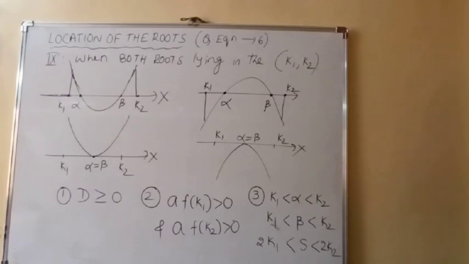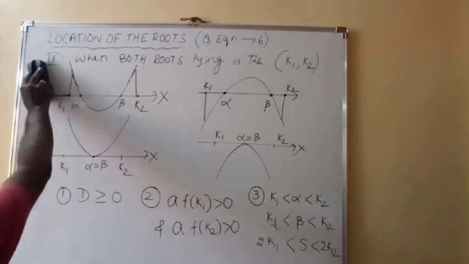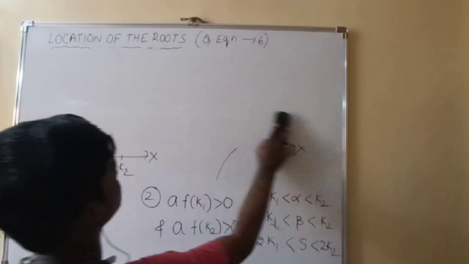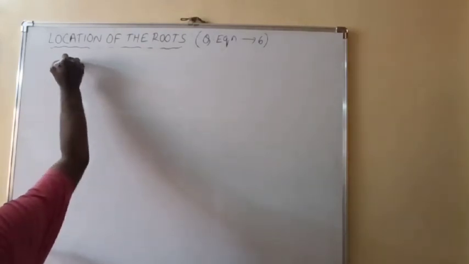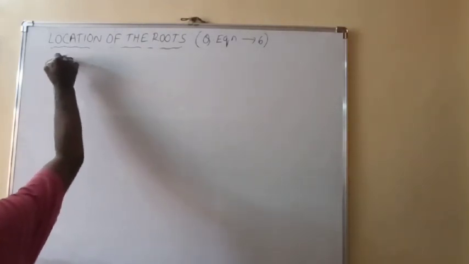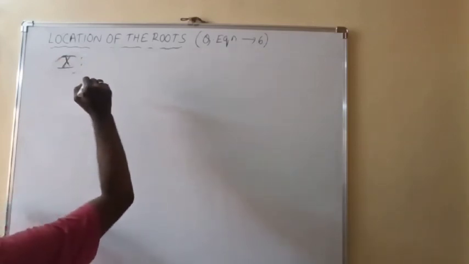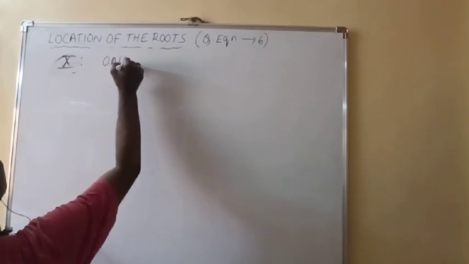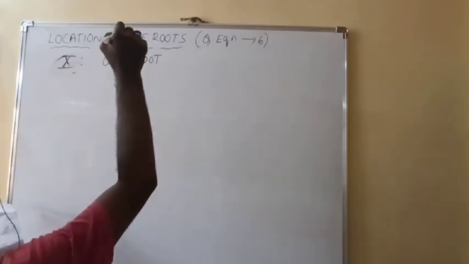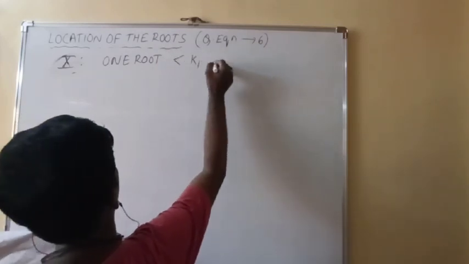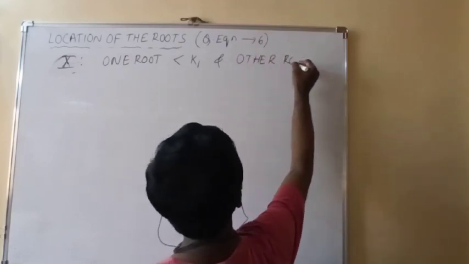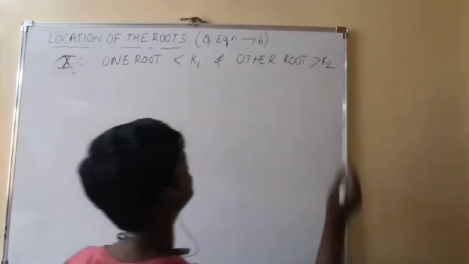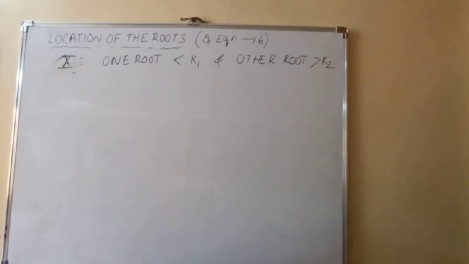Next, last, 10th case. The 10th case is one root is less than k1 and the other root is greater than k2.